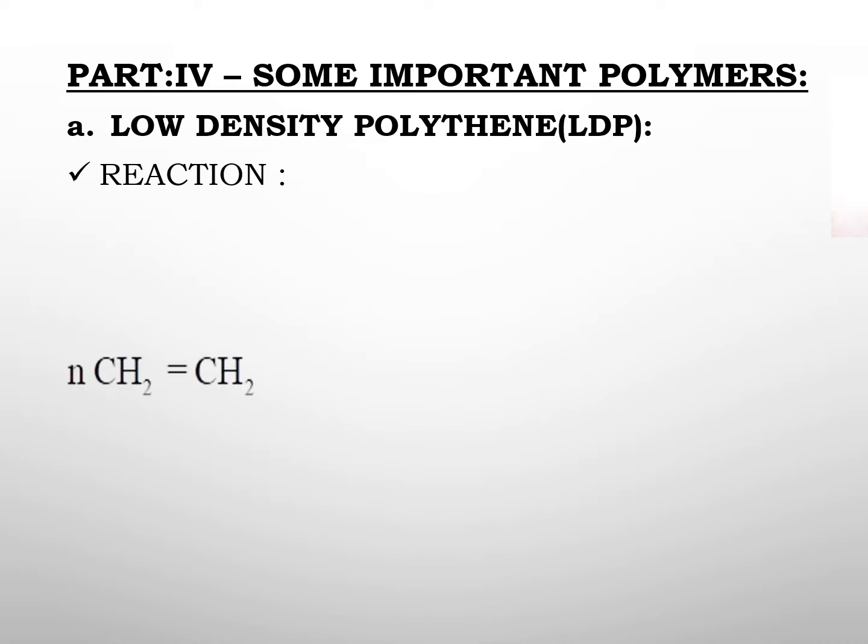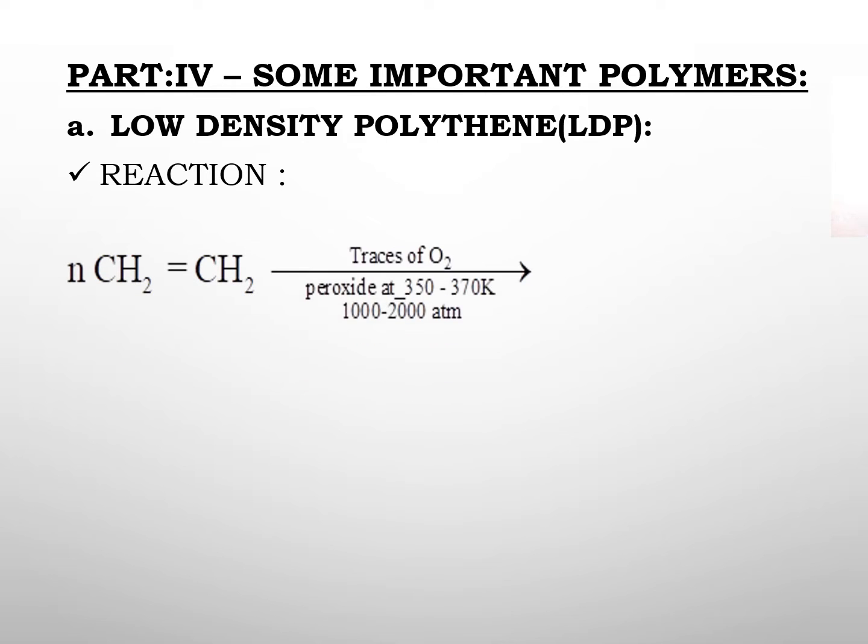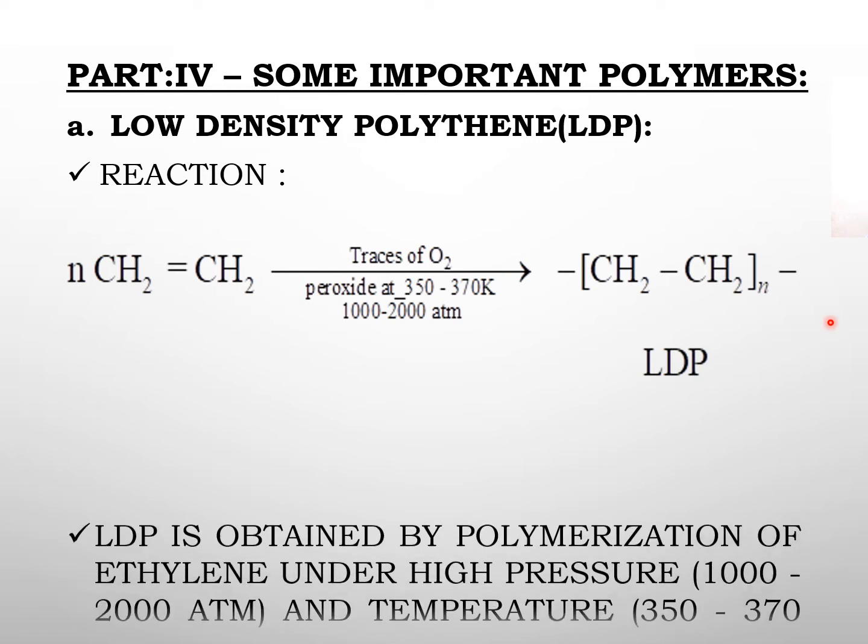Low density polythene is formed from ethylene, where n molecules of ethylene are reacted in the presence of traces of oxygen or peroxide at 350 to 370 Kelvin and at a pressure of 1000 to 2000 atmospheres. Then low density polythene is formed.